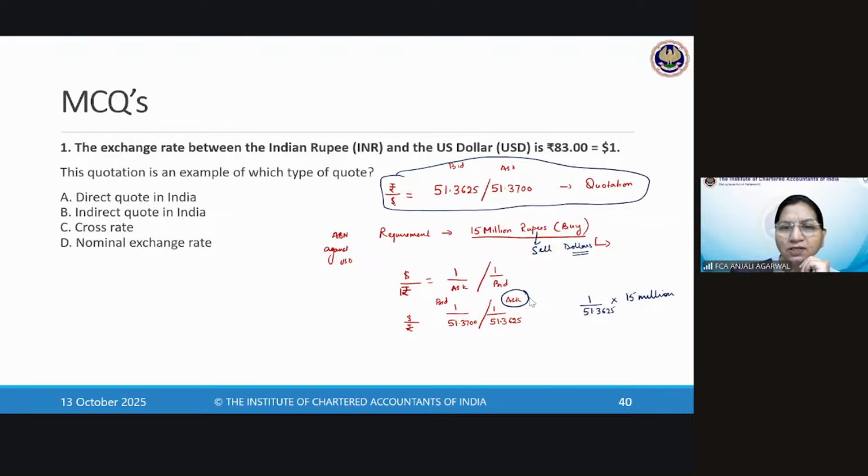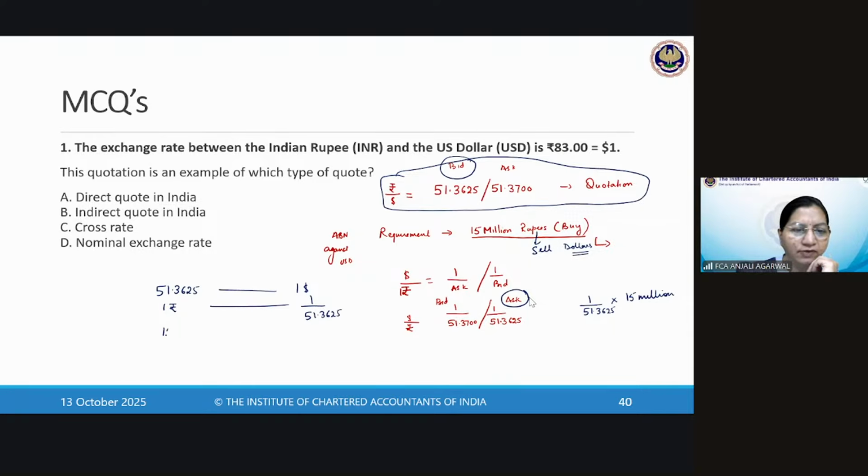So you sell dollars. When you sell something, what rate is applicable? Bid rate. So if you had sold $1, you would have got 51.3625. 1 rupee is what you would have got if you had sold 1 upon 51.3625 dollars.